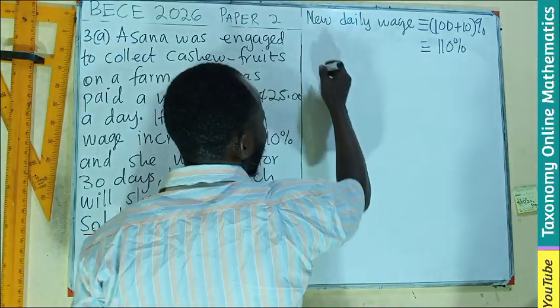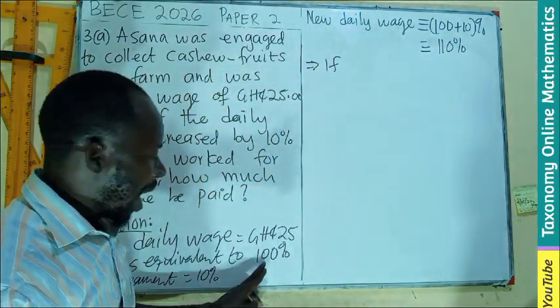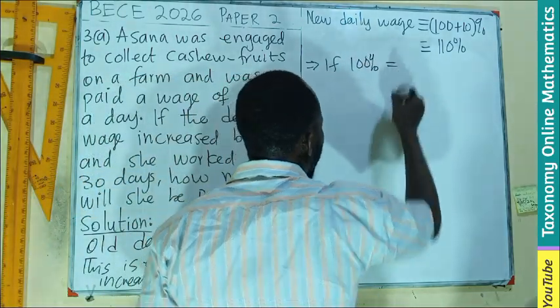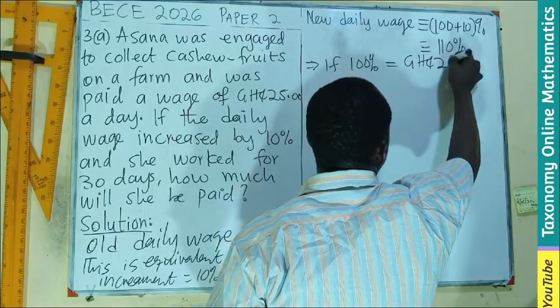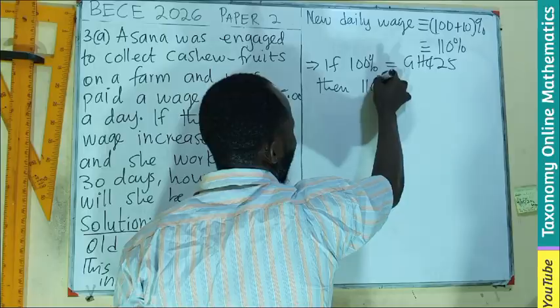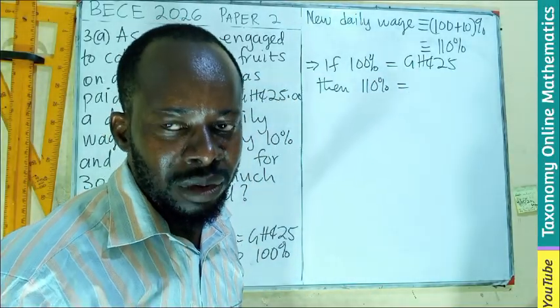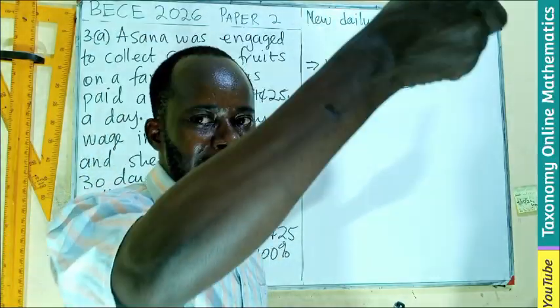So this implies that if I have 100% equals 25 cedis, then my 110% should give me more than 25 cedis, because originally I'm supposed to be paid 25 cedis, but there's an increment.